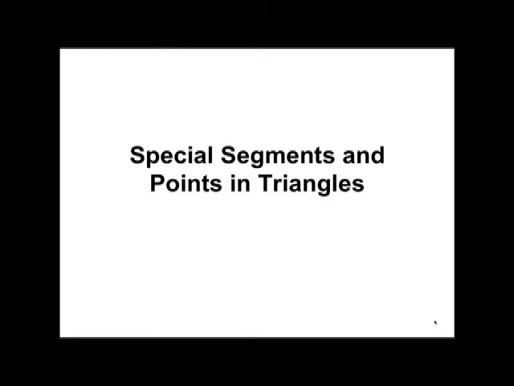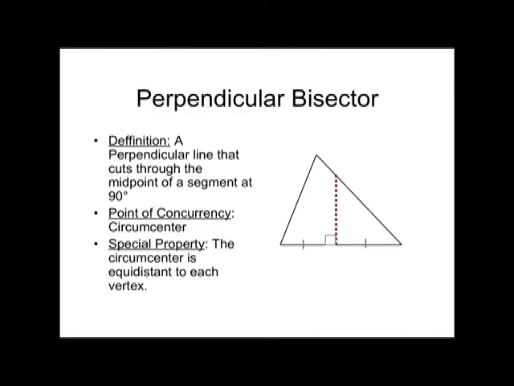Hey everyone, I'm Scott, and today we'll be learning about special segments and points in triangles. This is basically how to determine if a segment is a perpendicular bisector, angle bisector, median, or an altitude. Let's go on to the perpendicular bisector.